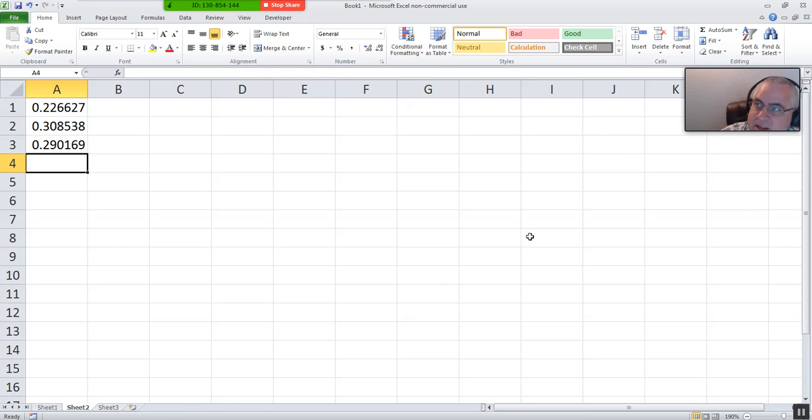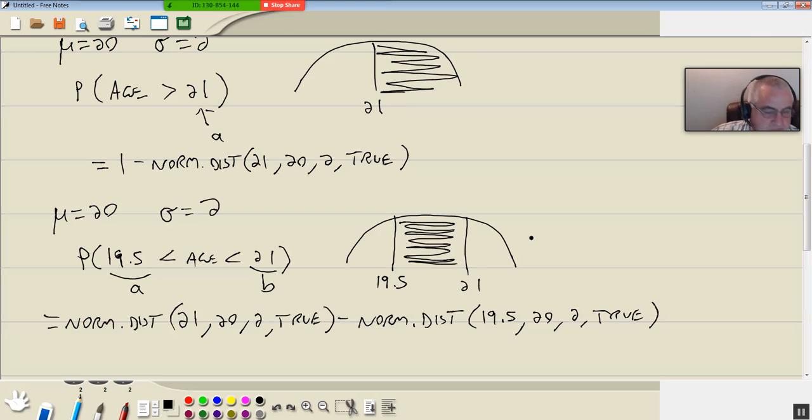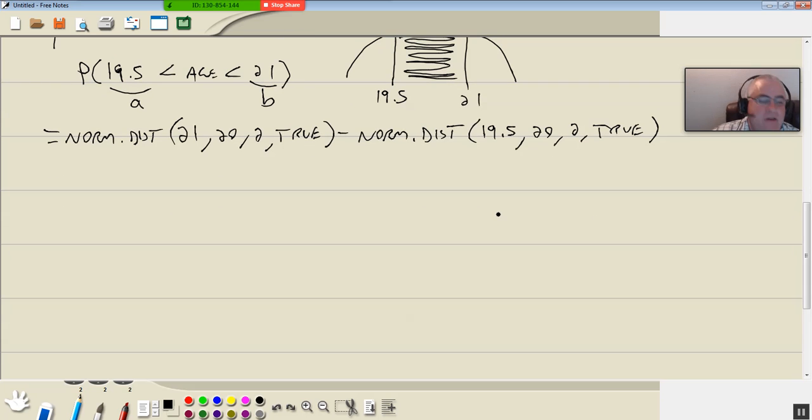Like I indicated, some of these will refer to standard normal. So if they say that it's standard normal, and they're asking you to find the area to the left of 2.3.